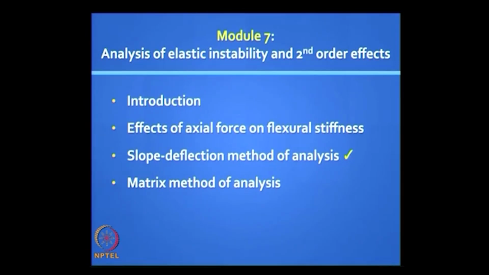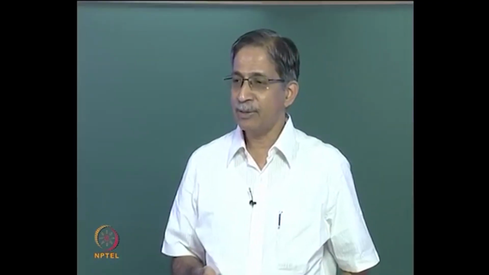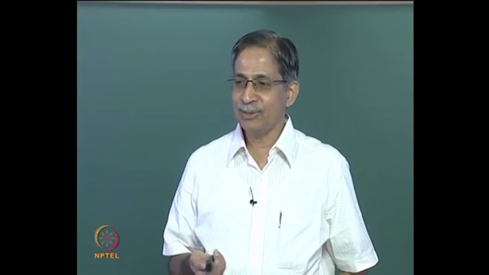That is to judge whether you need to do second order analysis, but to actually do it you need P critical. Why do you need P critical? So we will see that you need to know the critical buckling load in order to do second order analysis. Yes, because P by P critical comes into play. So we will take a look at that.